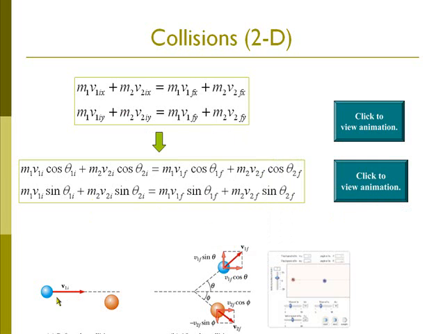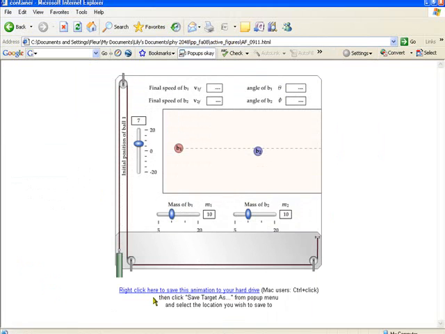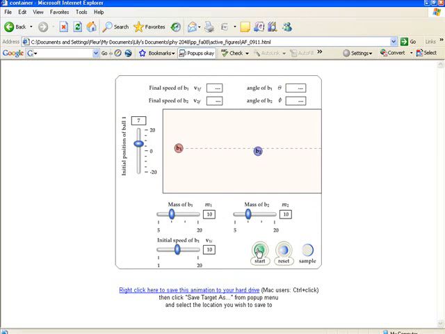Here we have a diagram of two objects before the collision and the two objects after the collision, with a little animation that will play here. We have object 1, object 2, 10 kilograms, 10 kilograms. Initial speed of 1 is 10, initial speed of 2 is 0.